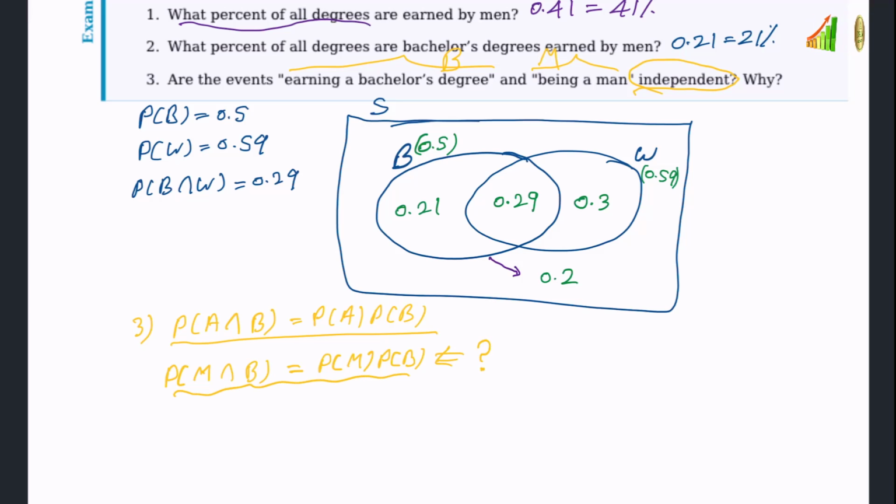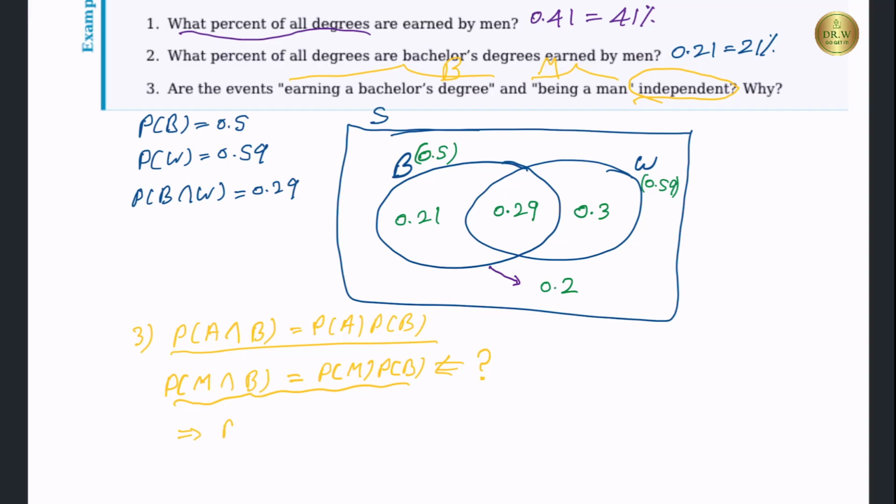We don't know yet. First, probability of M and B. That means probability of men and bachelor. We have that already here. This is the second one. If you go to the second one, that is the probability of bachelor degrees earned by men. Therefore, that is 0.21.